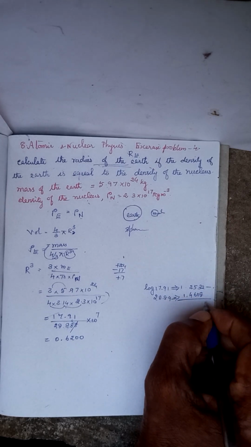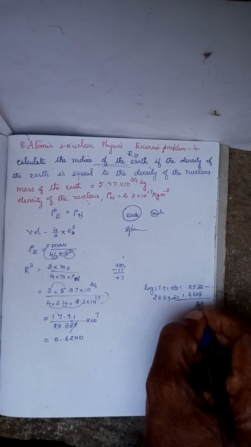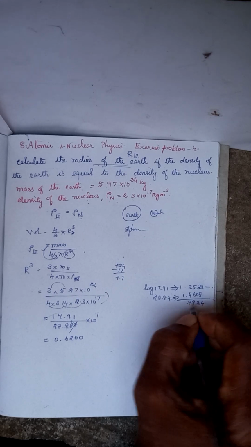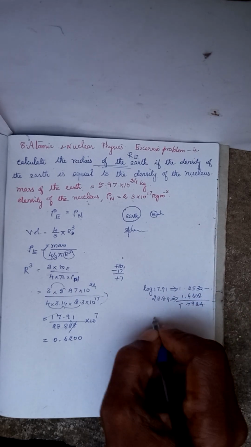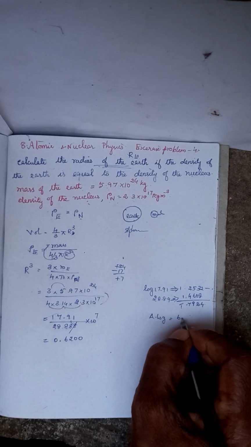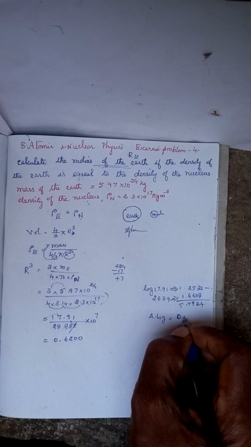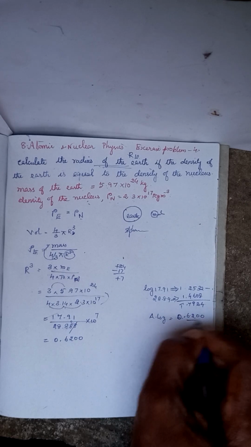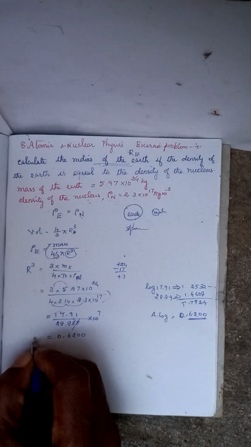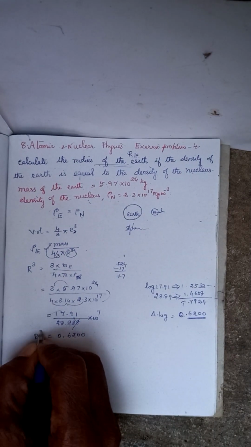While subtracting, we get bar 1.7924. Antilog is equal to 0.6200. So this is r cube.